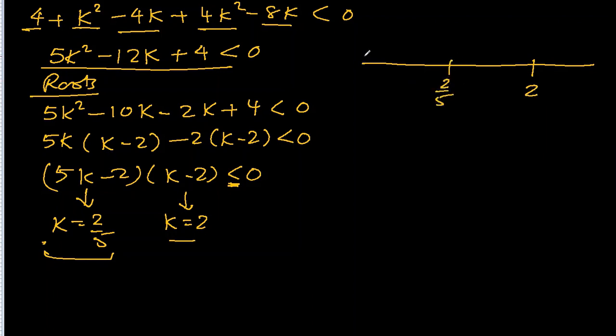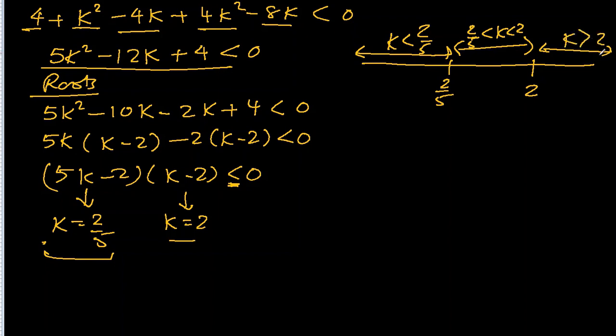So we have three options. Either the answer will be in this range, which is k less than 2/5, or it is between the two, which is 2/5 less than k less than 2, or third option, it is more than 2, k greater than 2. These are the three options. And how do we confirm which one is the answer? Let's take a random number less than 2/5.